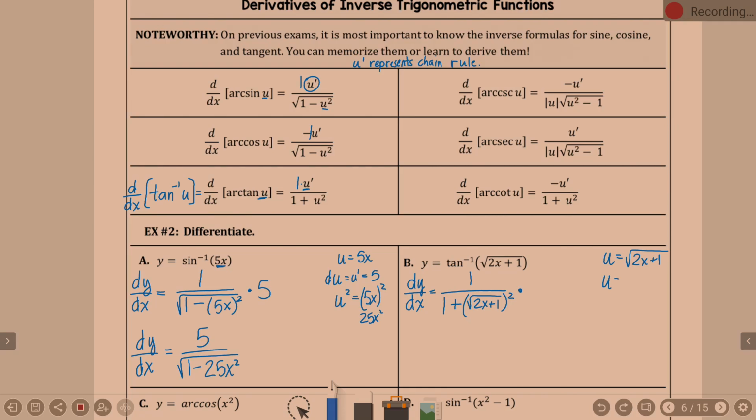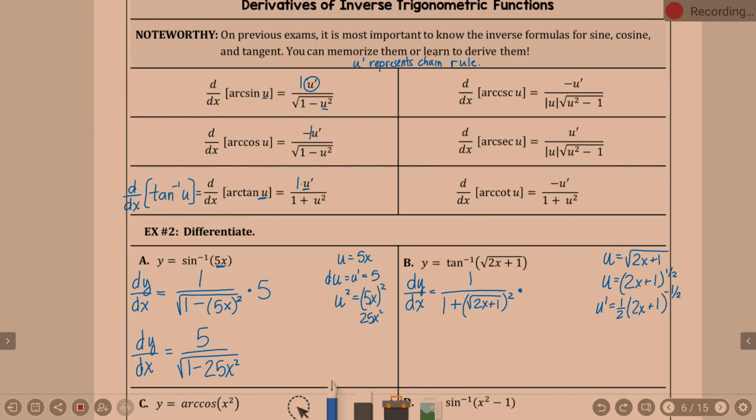This is 2x plus 1 to the 1/2, yes? So if we do the derivative, I'm just going to even call it u prime for right now. What are we doing? 1/2 times 2x plus 1 to the negative 1/2.